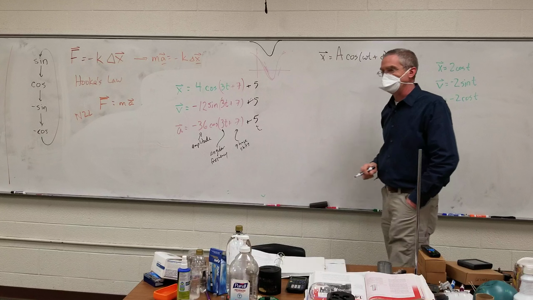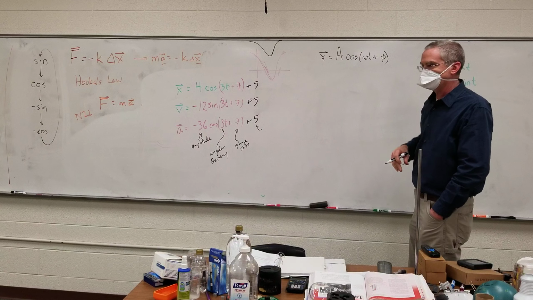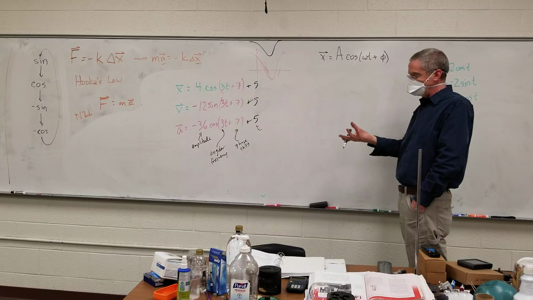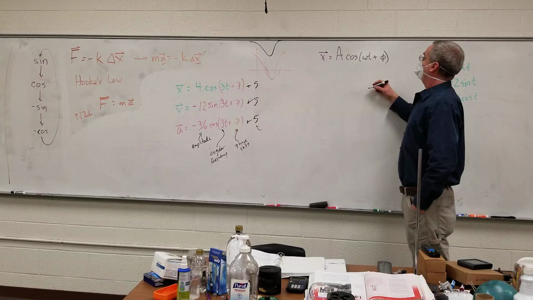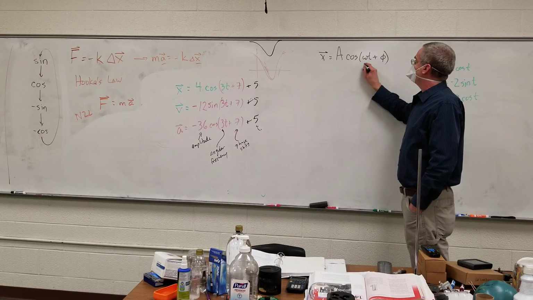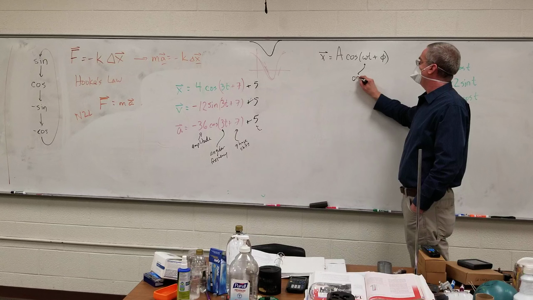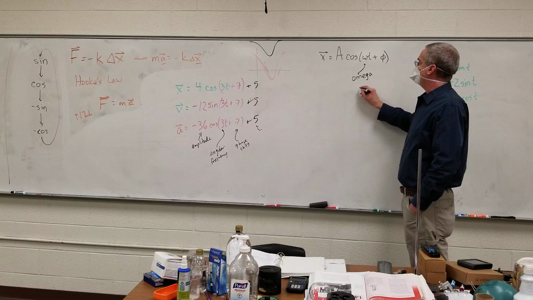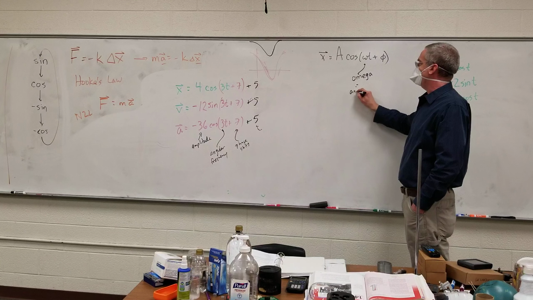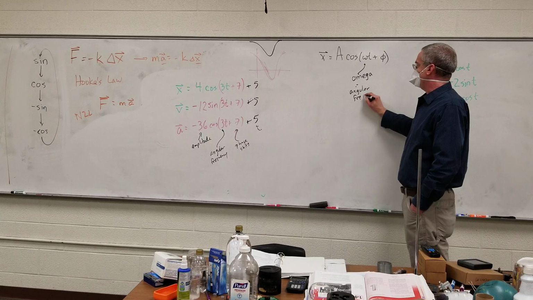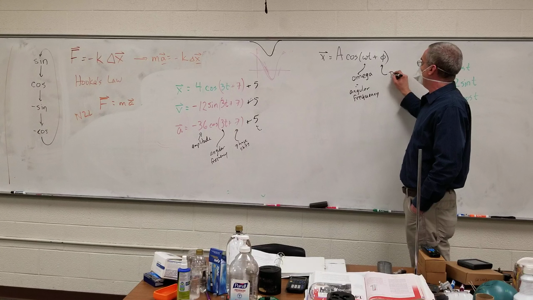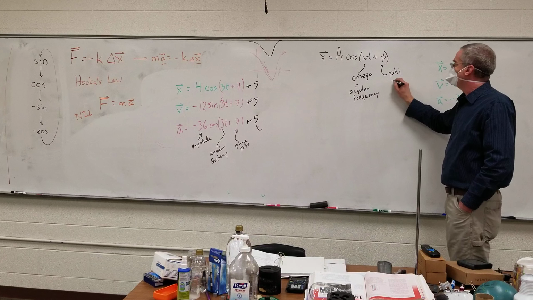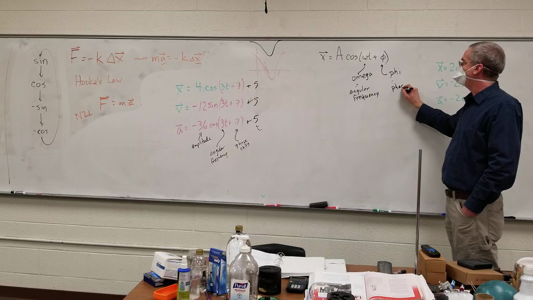I am going to assume that its equilibrium position is zero. Again, this omega equals the angular frequency. This is written down there, I'm writing it again. This letter right here is phi, and that is the phase shift.